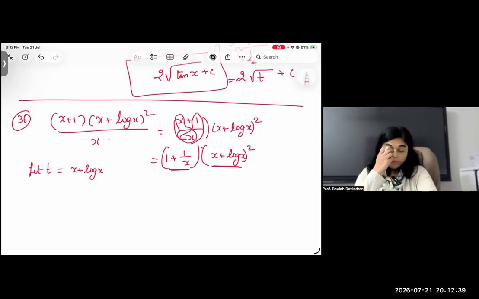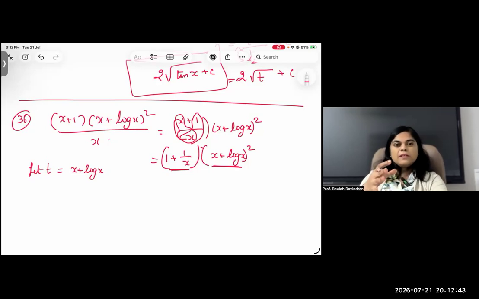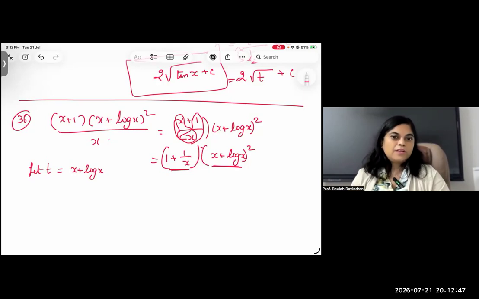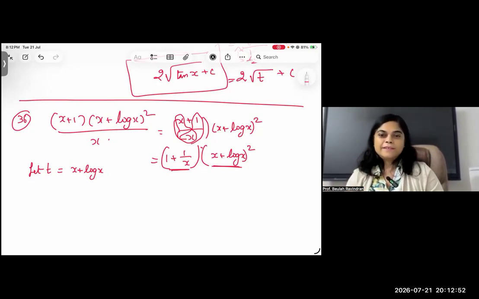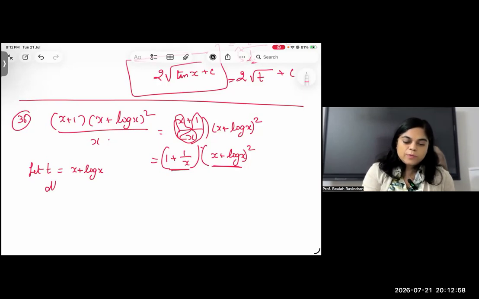Integration seems very tough because many students fail in finding these connections and hidden things. But you must find out all the hidden things and the connections. So t is x plus log x, and dt equals 1 plus 1 by x into dx.